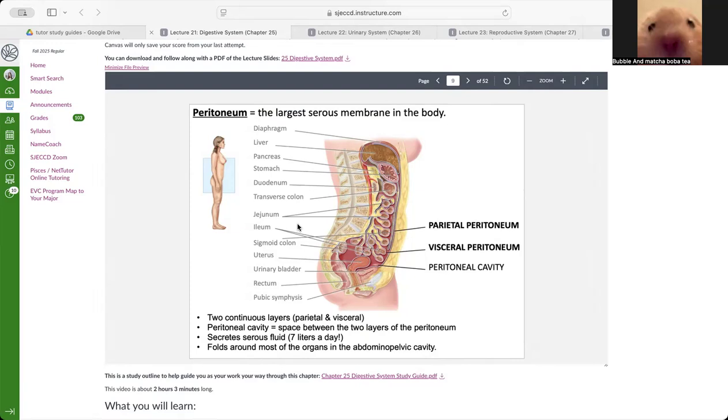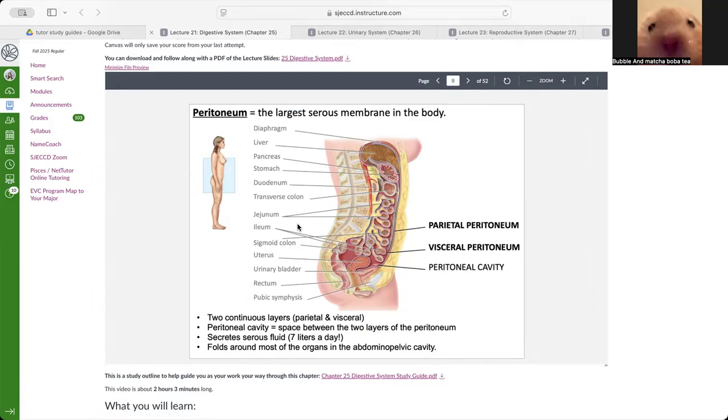The layer outside against the abdominopelvic cavity wall is the parietal layer, and the layer up against the organ is the visceral layer, and the peritoneal cavity is the space between the two layers of the peritoneum. This one secretes serous fluid, and it gets reabsorbed back into the cardiovascular system and recycled.